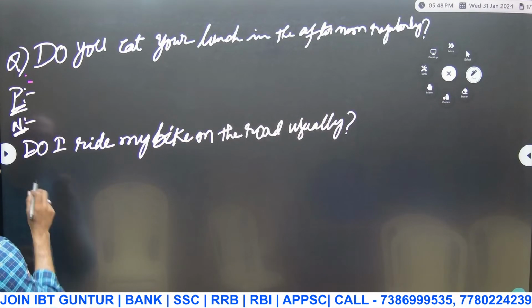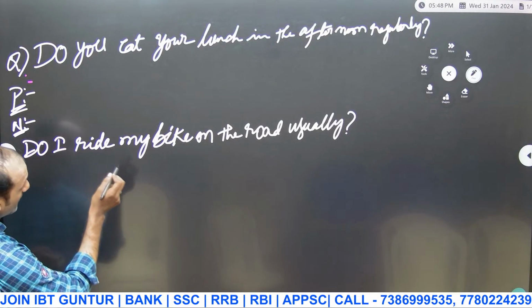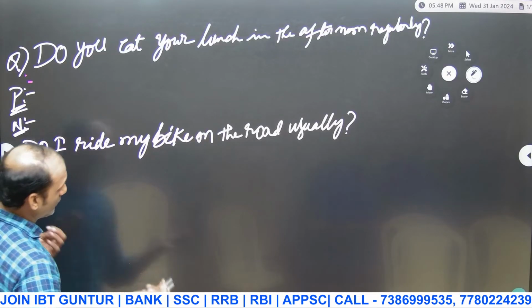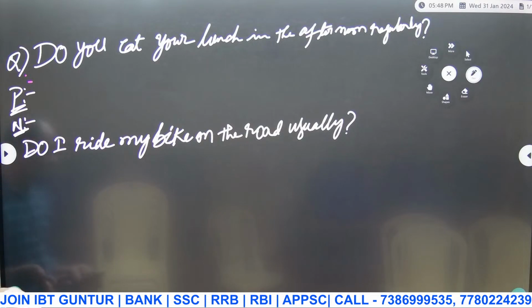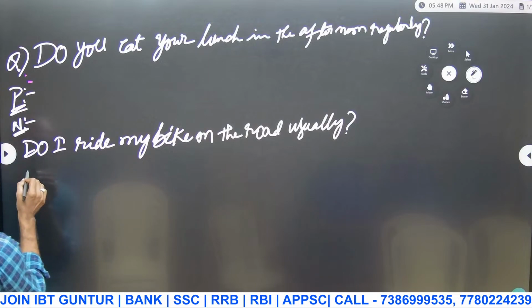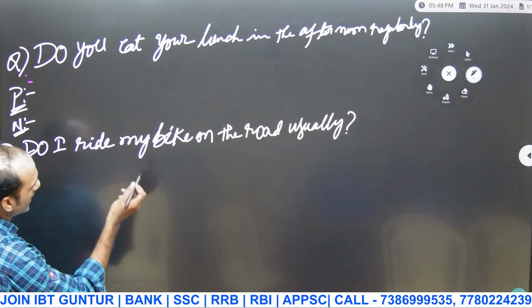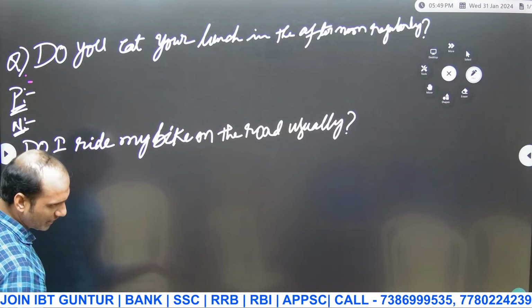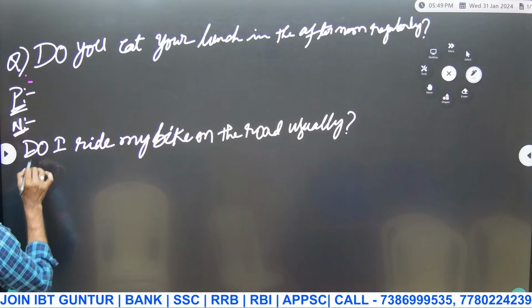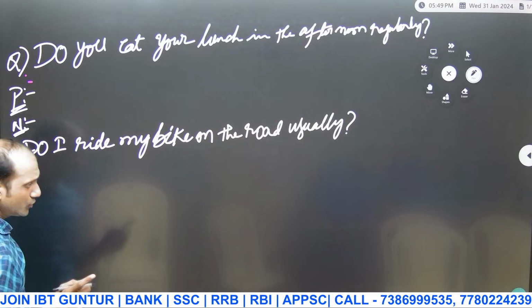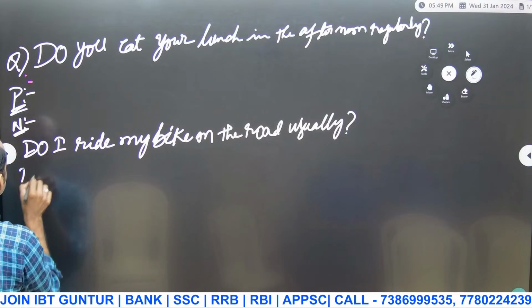That's it. I ride my bike on the road usually. If it is negative, I don't ride my bike on the road usually. I, you, two finished.